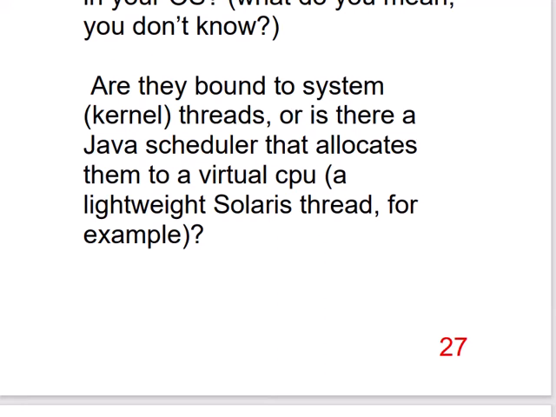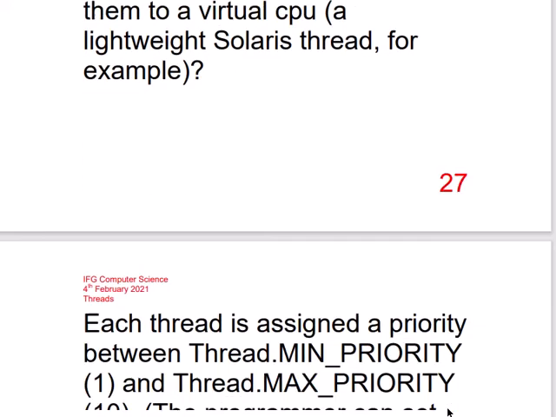So it's possible that a Java scheduler, a bit of software that takes a thread and allocates it to something possibly abstract rather than a real machine, allocates them to a virtual CPU. I don't really want to go into lightweight Solaris threads, for example, but if you're looking at the subject seriously, then you'd probably want to do that.